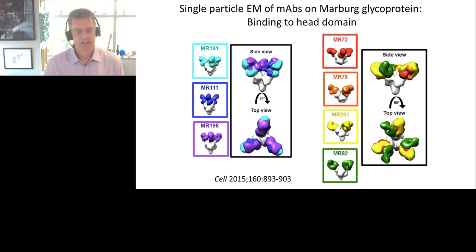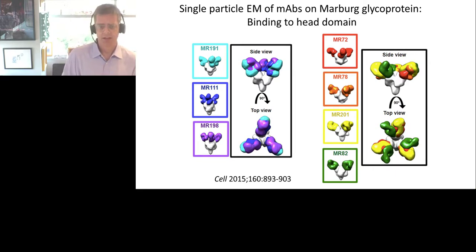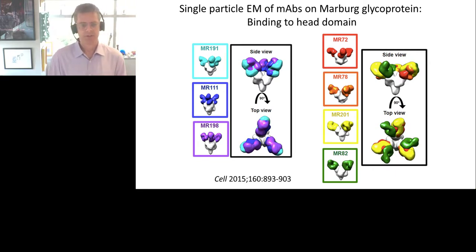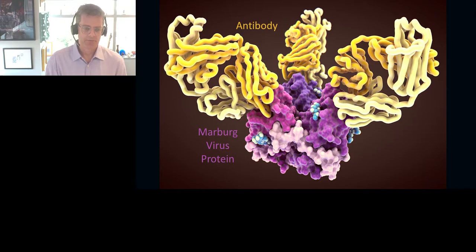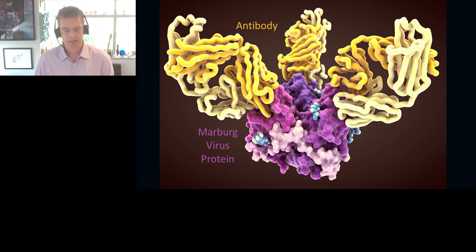Now we know these antibodies block attachment. Erica Sapphire took several of these. This is an image from the Scripps imaging group, and Erica Sapphire's group determined the co-crystal structure of the Marburg glycoprotein trimer, which is in the surface representation in purple colors, in complex with one of the antibodies in yellow.